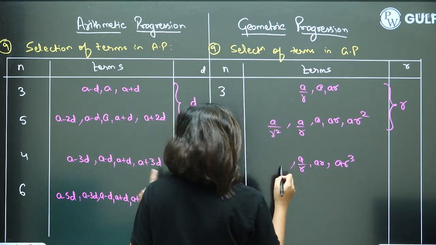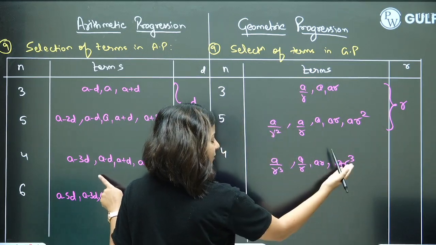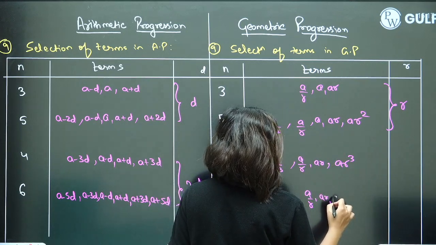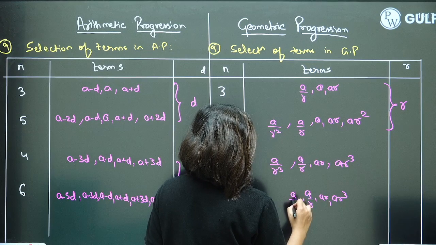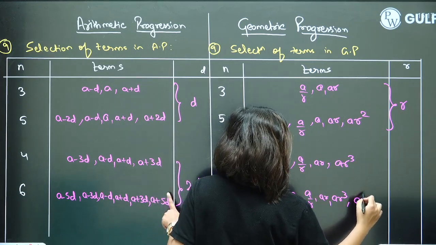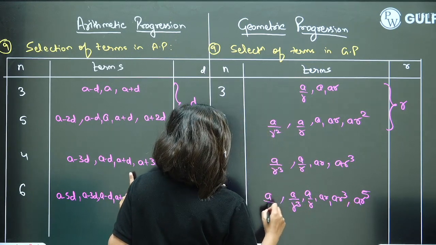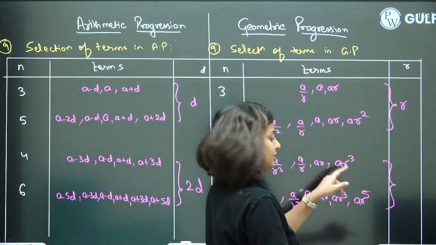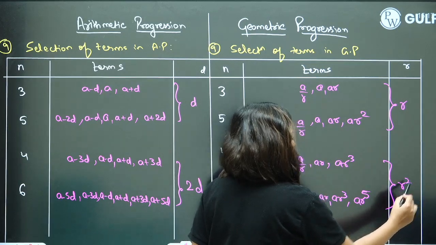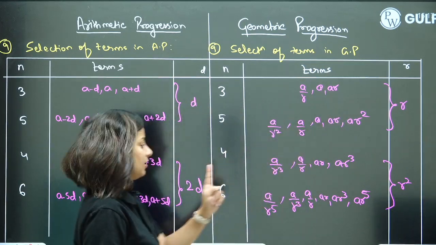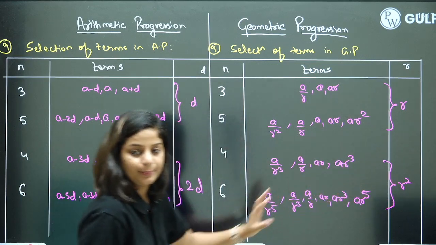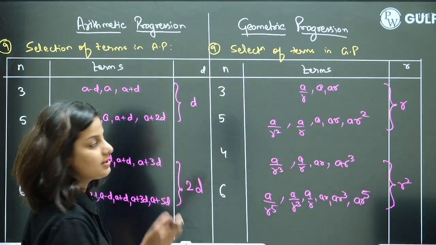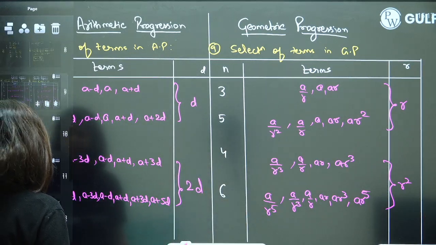Instead of 3D, ARQ, multiply. If I want 6, copy down the same, and then the 5, AR raised. The difference or the ratio between consecutive term, R cube upon, here it's D, 2D, 2 के जगह पे power में. That's how you select n terms, AP or a GP.